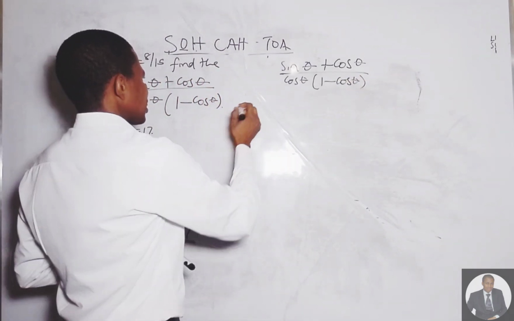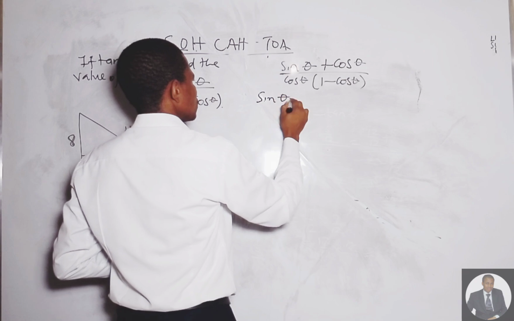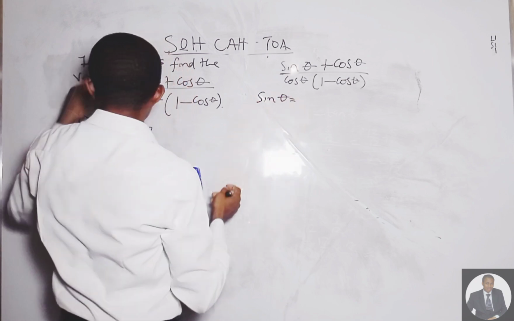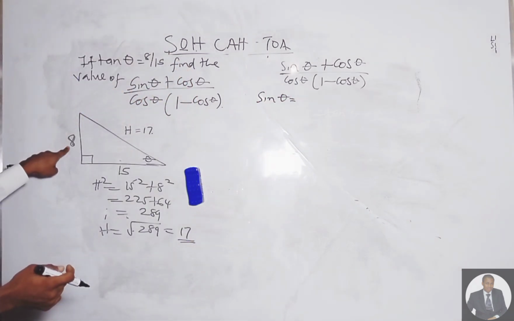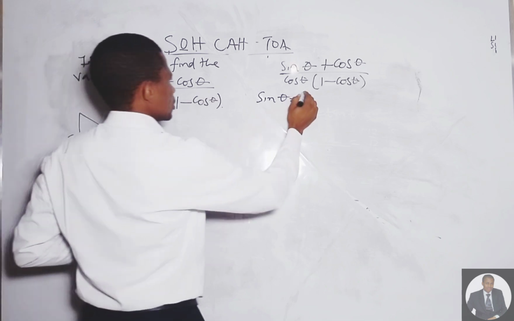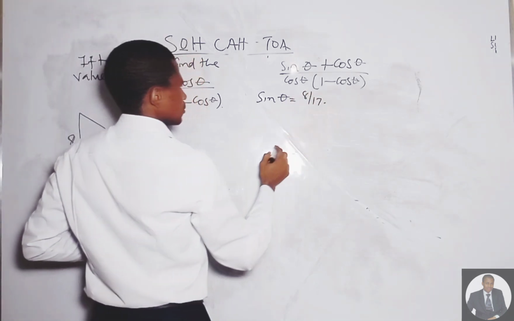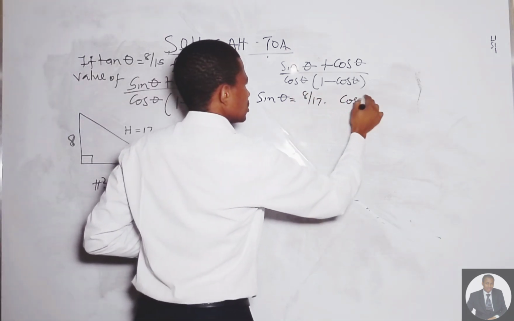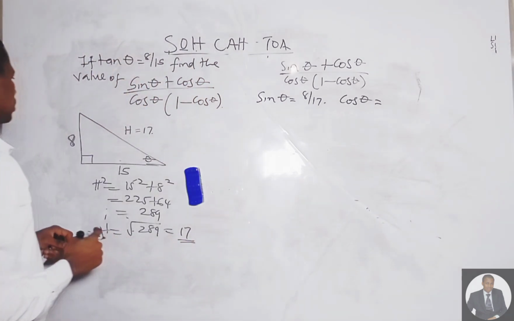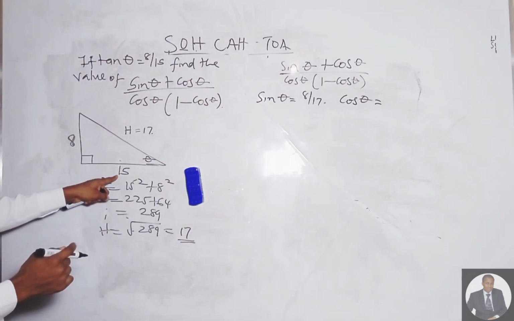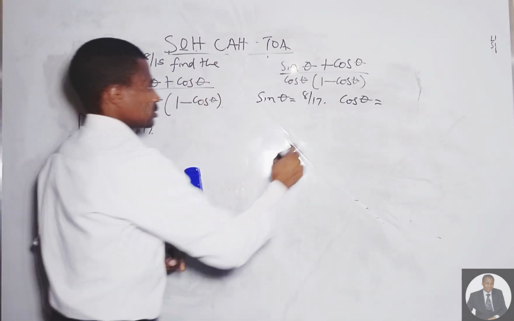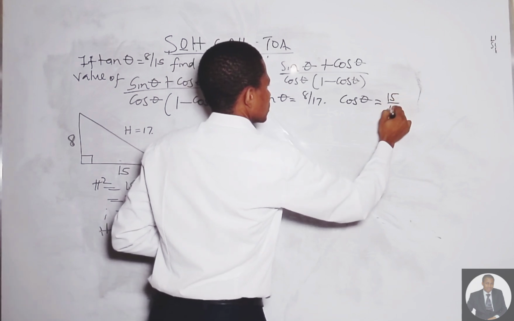Now, what's sine theta? Sine theta will be opposite, 8, over hypotenuse 17. So 8 over 17. Cos theta will give us adjacent 15 over 17.